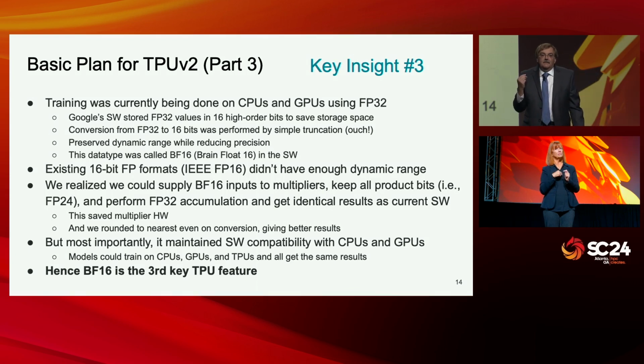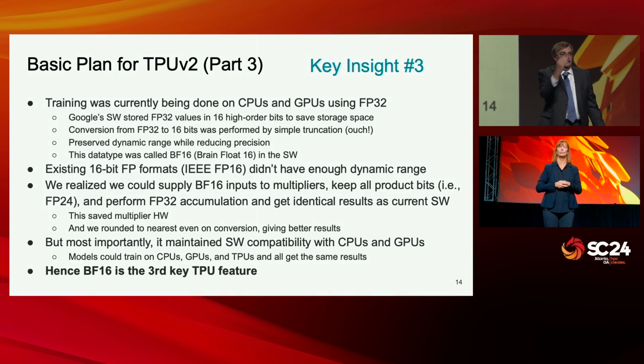But most importantly, it maintained software compatibility with CPUs and GPUs. And again, this is going back to the development story of being compatible with things to get things up and running fast, and then adding additional stuff on top. So models that trained on CPUs, GPUs, and TPUs could all get the same exact results.